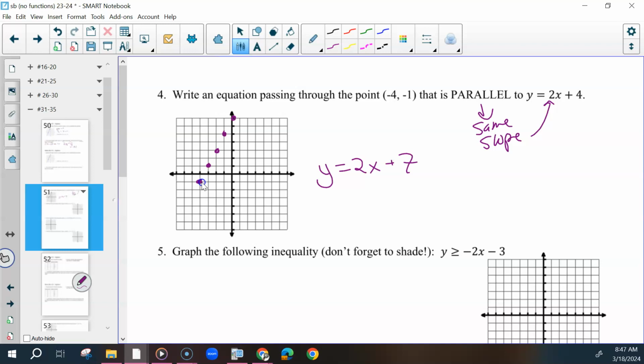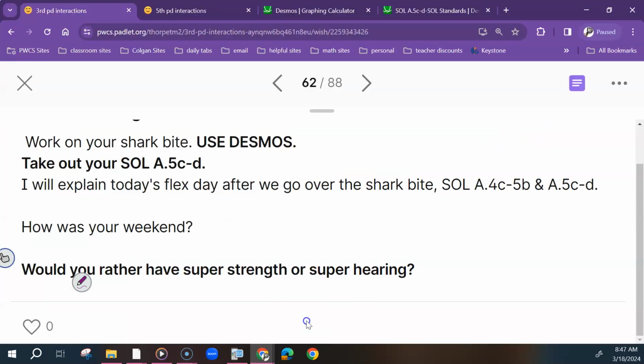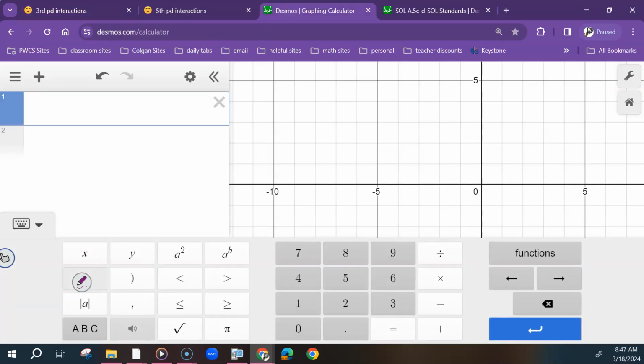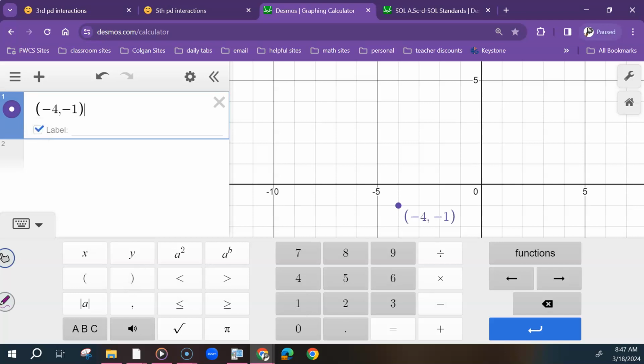If you were doing this in Desmos, you would put in the ordered pair. Type in your y equals mx plus b.